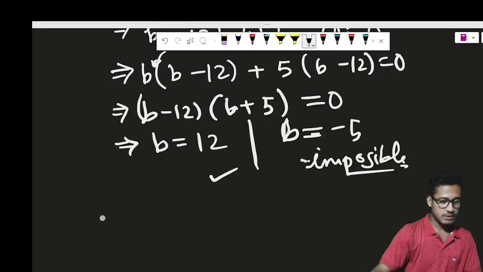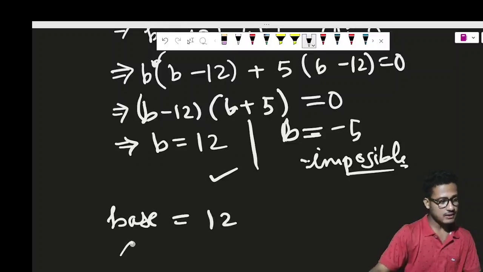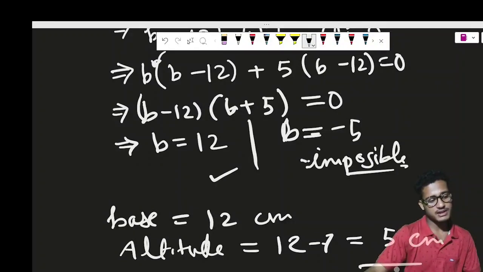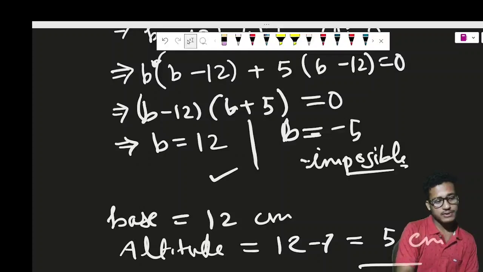So base is equal to 12 and altitude is equal to 12 minus 7, because it is 7 centimeter less than the base. So altitude is 5 centimeter. So we have calculated all the sides.